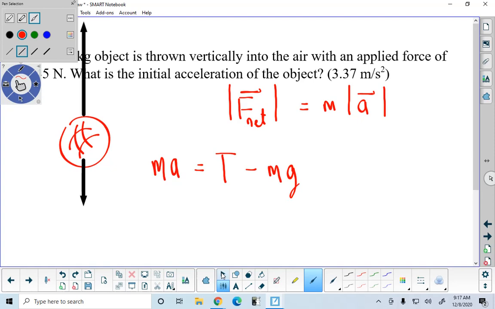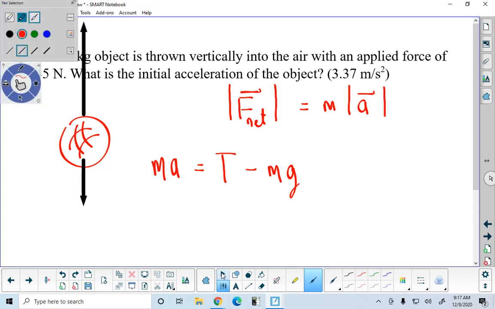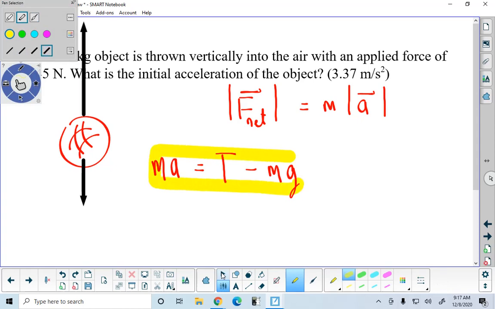And one final thing. I know sometimes I spend a lot of time reviewing, but I think it's worth it. The final thing is, if this is a written response question, and you need to focus on this, if this is a written response question and all you write is this formula, that is not sufficient.